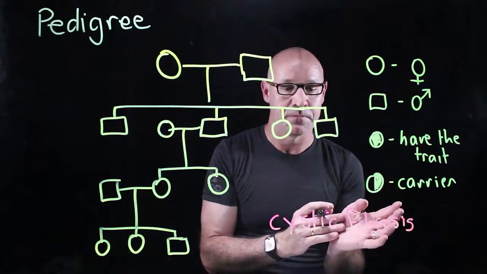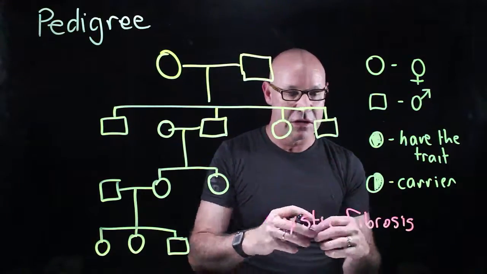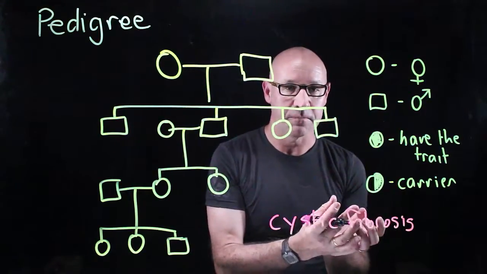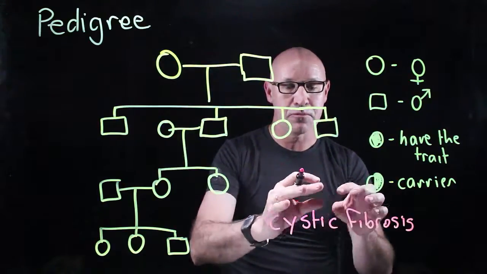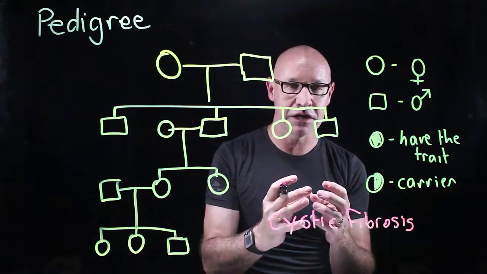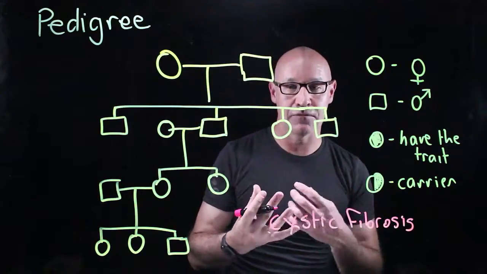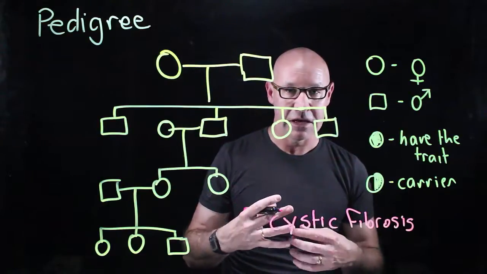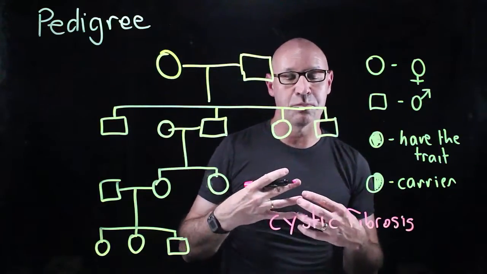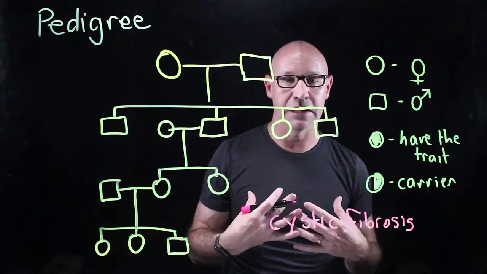It's a condition that affects the production of mucus, and so people with cystic fibrosis produce a tremendous amount of very thick mucus in their lungs, and subsequently they have lots of respiratory and breathing problems. They have lots of respiratory infections, and that puts a lot of strain on their heart and on their lungs.